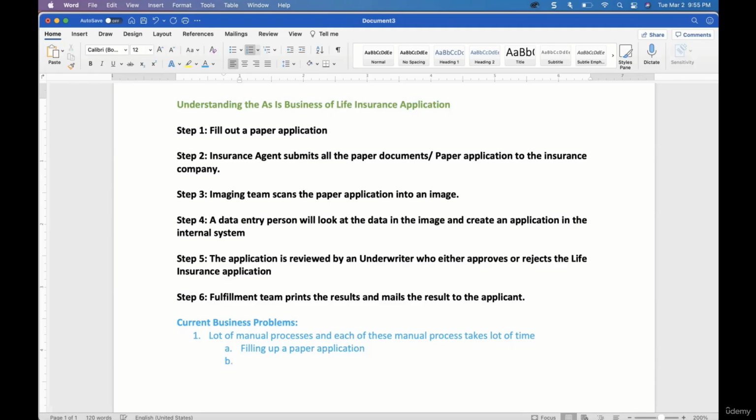What else are manual processes? Submitting the paper documents and also scanning the paper documents. Scanning the application. What else? Reviewing and then mailing out the application as well. You're missing one more thing before that. Manually putting that into the system. Yep.